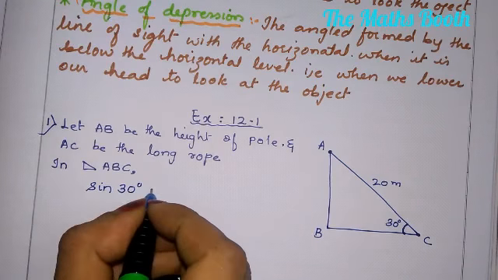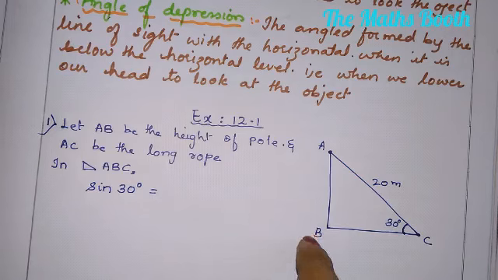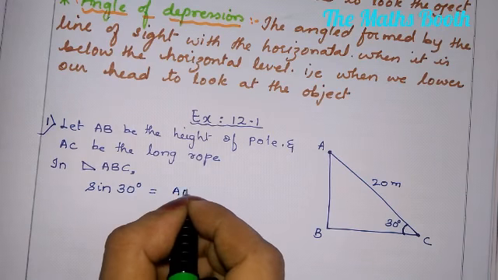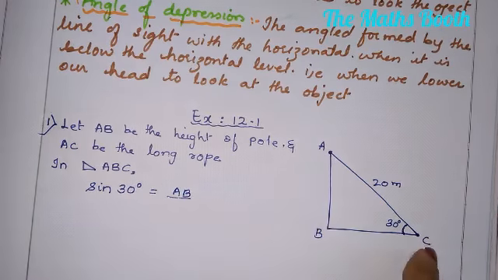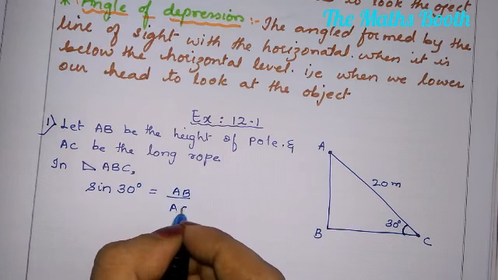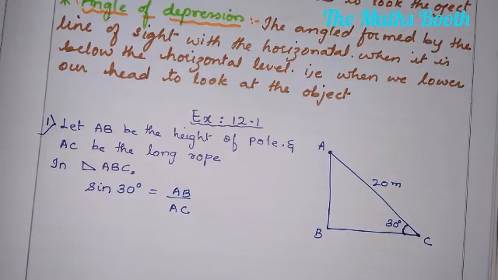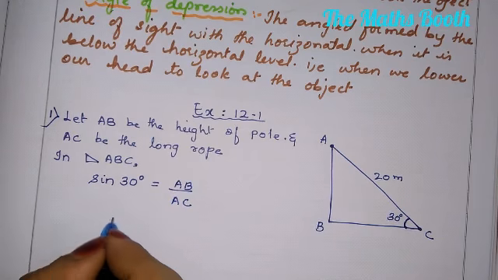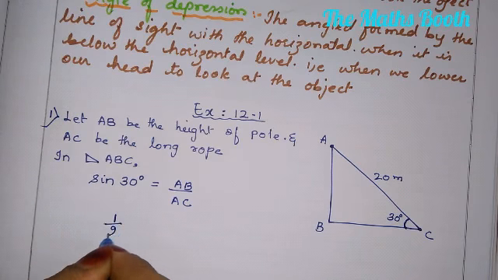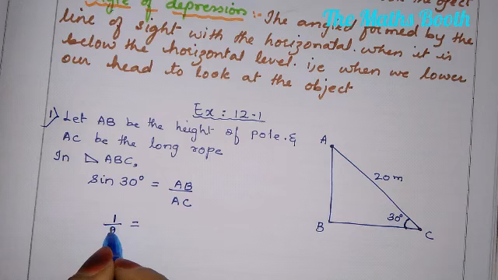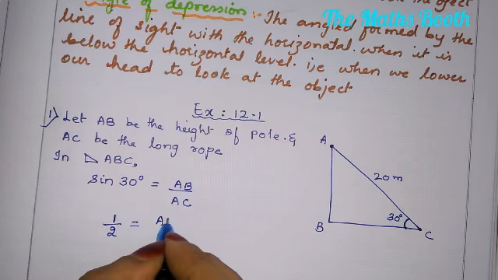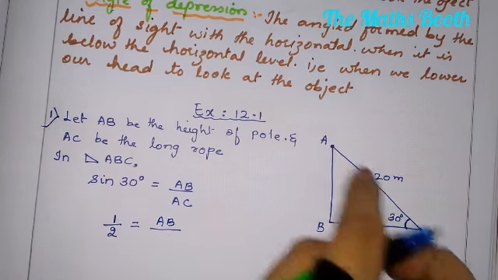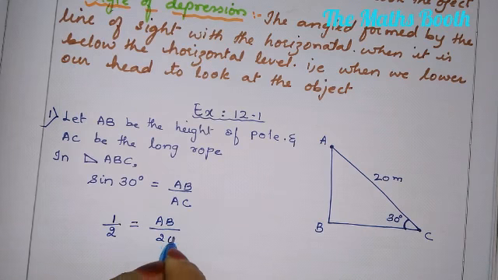Sine 30 degree is equal to opposite upon hypotenuse, AB by AC. Sine 30 is nothing but 1 by 2, the value of sine 30. In the previous chapter we have learned all this. AB we don't know. AC value is 20.